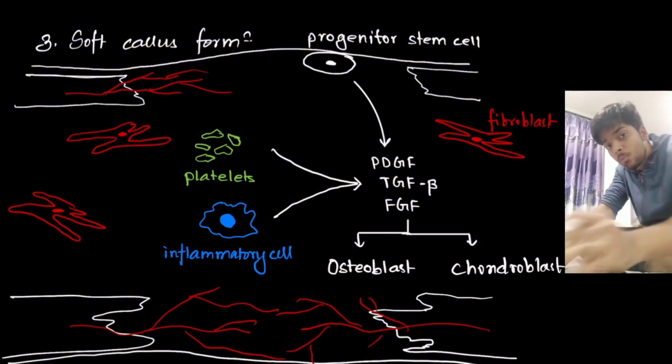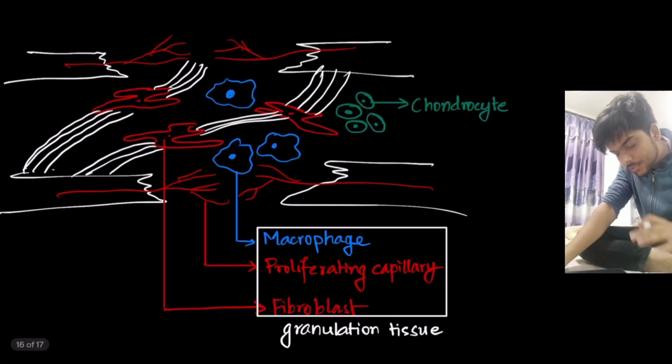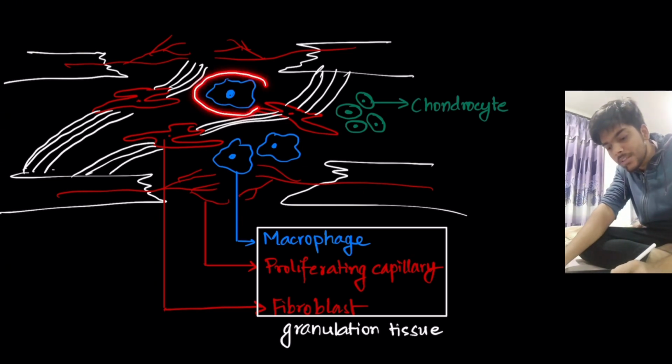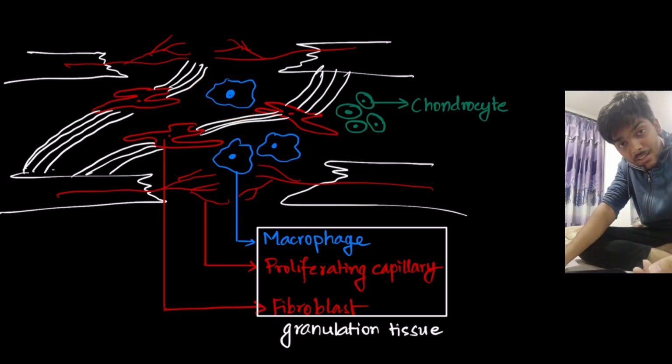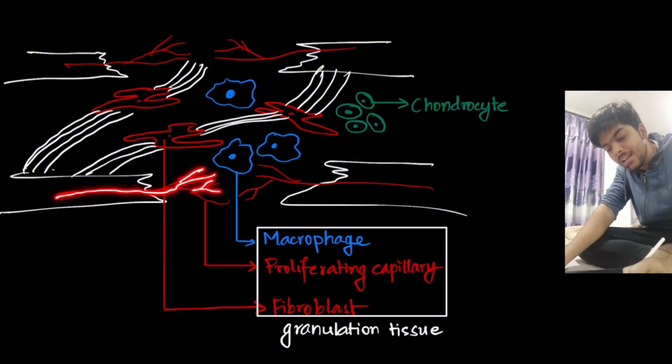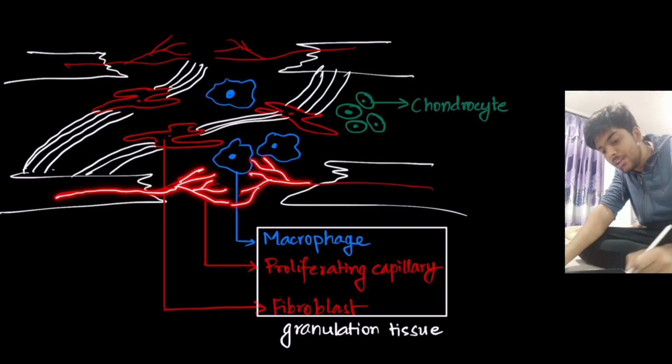Okay, then what happens? Here's what happens. At the site of fracture, you can see certain things. You can see these macrophages, which were the inflammatory cells inducing inflammation. We also have new capillaries forming, proliferating capillaries. These are capillaries that are forming on their own, and they are newly made.